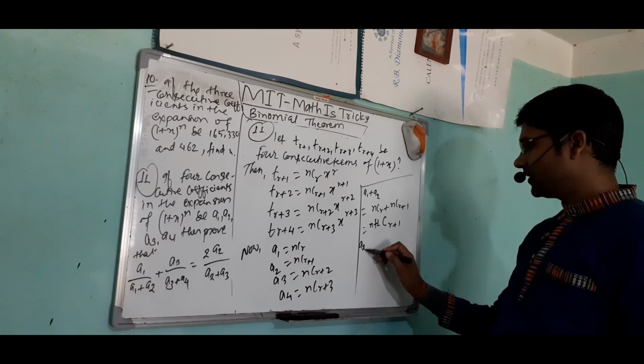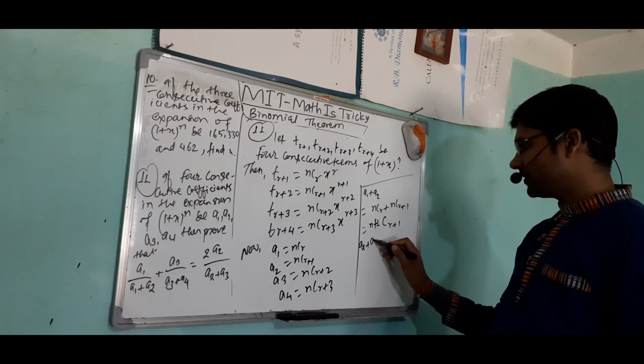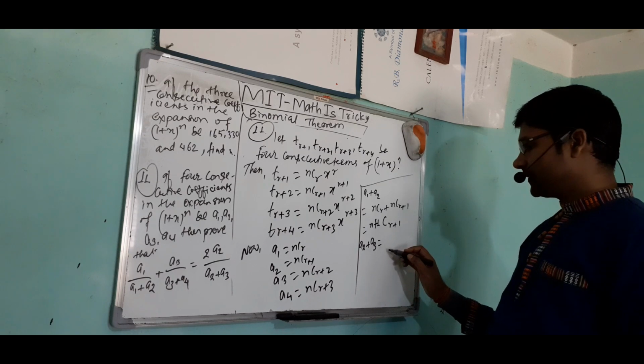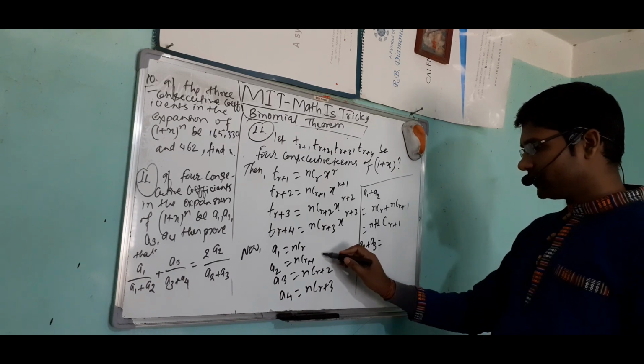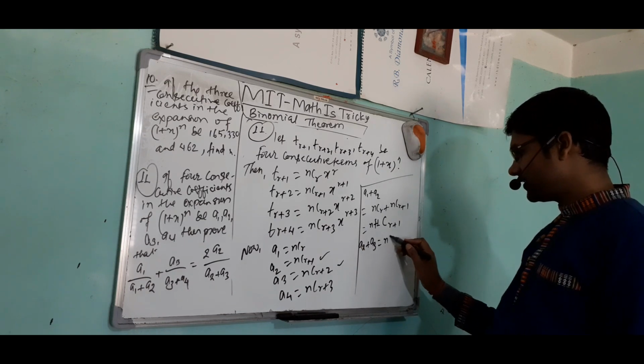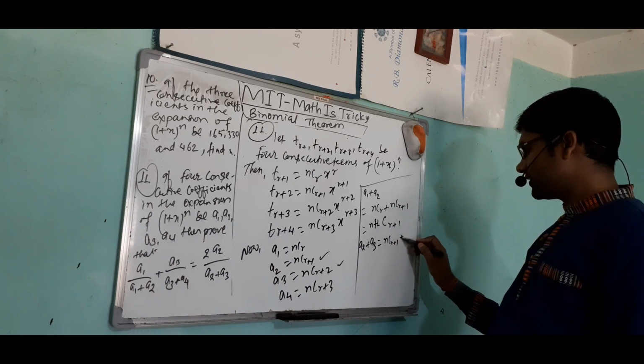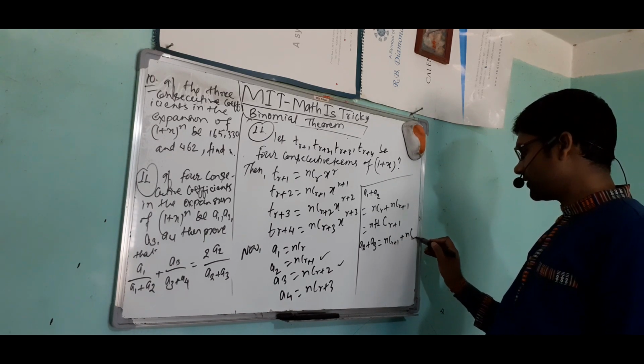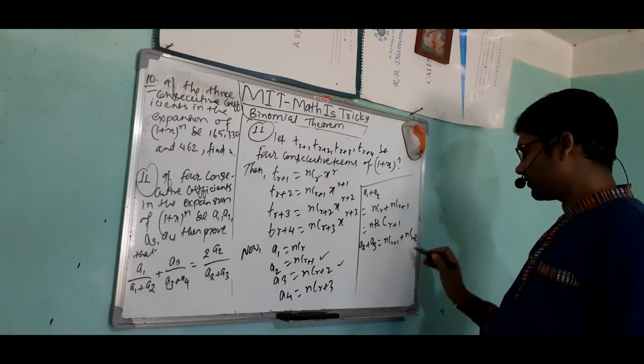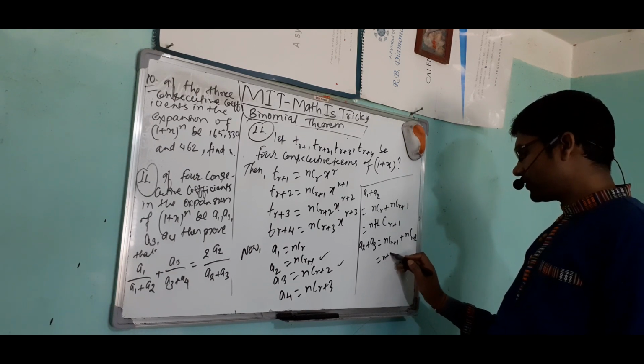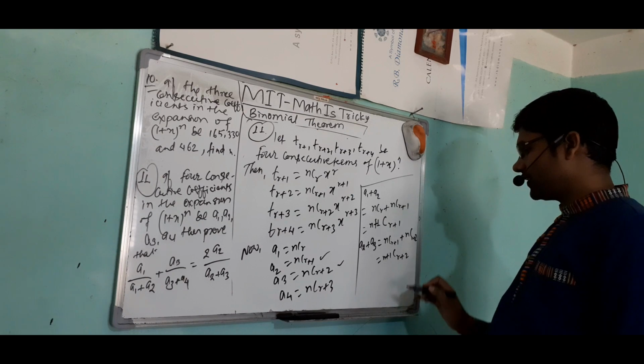Similarly, you write here a2 plus a3 will be nC(r plus 1) plus nC(r plus 2). So in this case, (n plus 1)C(r plus 2) will be there.